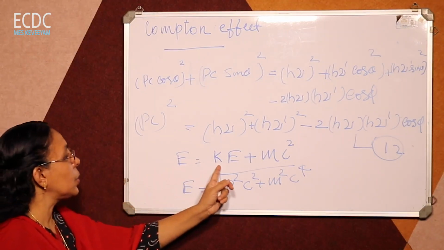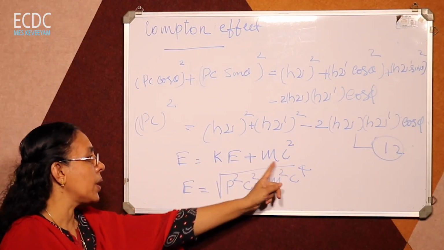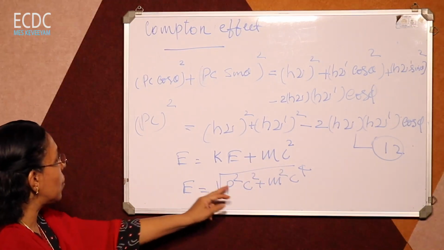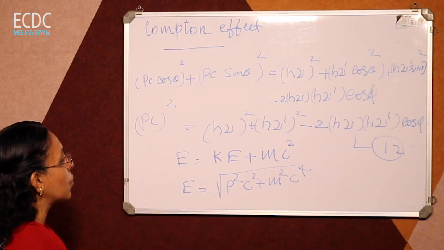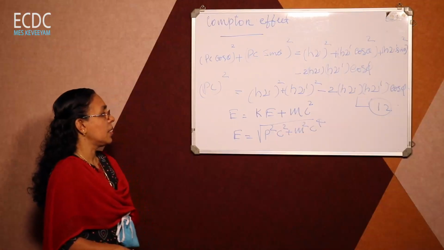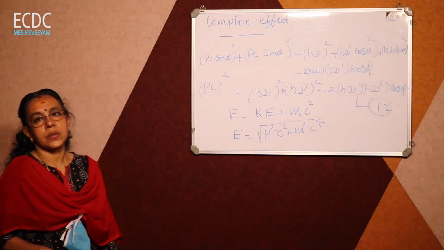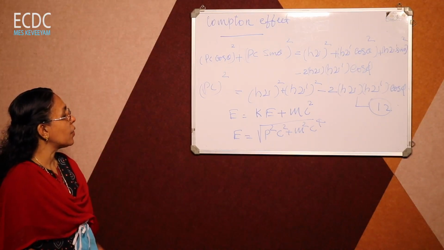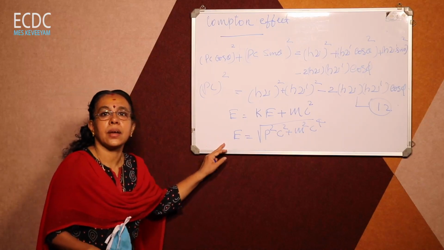So energy is equal to the kinetic energy plus mc squared, where mc squared is the rest energy. Similarly, it is equal to square root of p squared c squared plus m squared c raised to 4. In the case of the photon there is no rest energy or rest mass, and in the case of the electron the mass is taken as m.